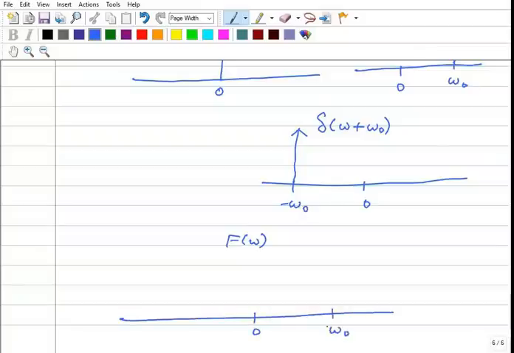Zero, omega naught, minus omega naught. Here there will be an impulse of amplitude pi. At minus omega naught, another impulse of amplitude pi. See, this is with respect to omega frequency.